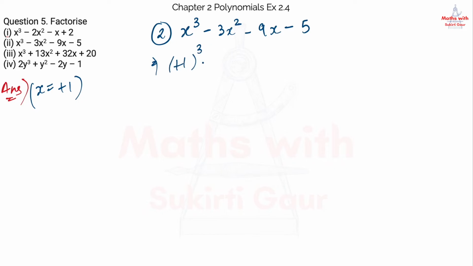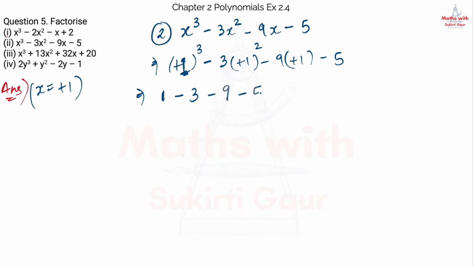Plus 1 cube, this is 1 only. Minus 3 into plus 1 square, minus 9 into plus 1 and minus 5 here. 1 cube will give us 1 only. Minus 3 into 1 will give us minus 3. Minus 9 into 1 will give us minus 9 and minus 5.